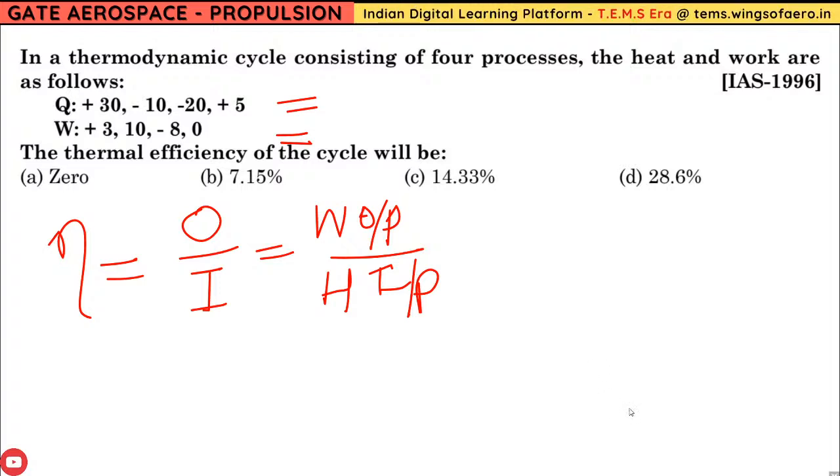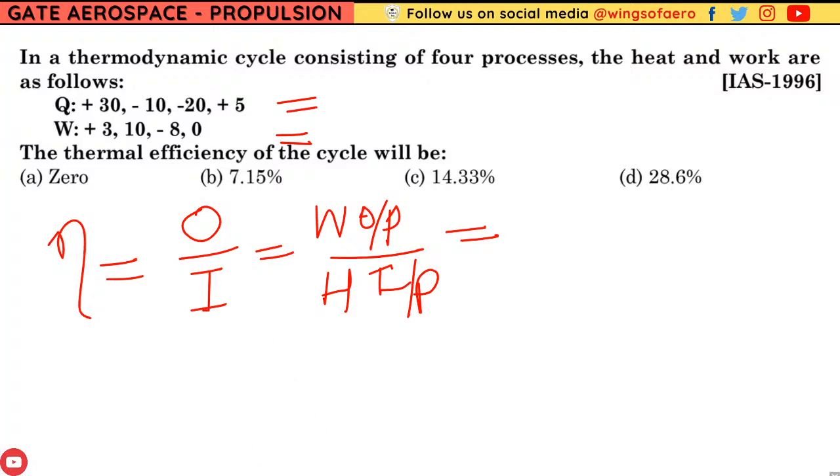One, ma'am. One, how? Means the work output is 5, ma'am. Heat input is 5. 5 by 5, it's 1. Which option? It should satisfy one of the options.